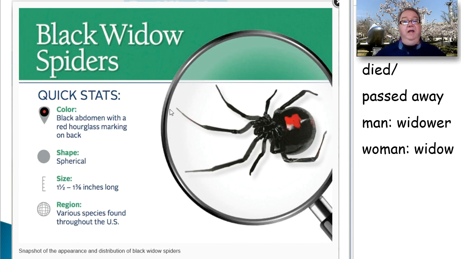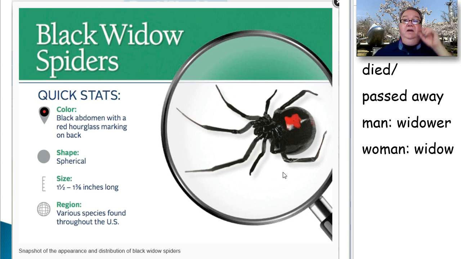Do you know why they're called black widow spiders? What happens is after they mate, after the male and the female get together, the female eats the male. She kills him and eats him and uses his body as nutrients for their babies.